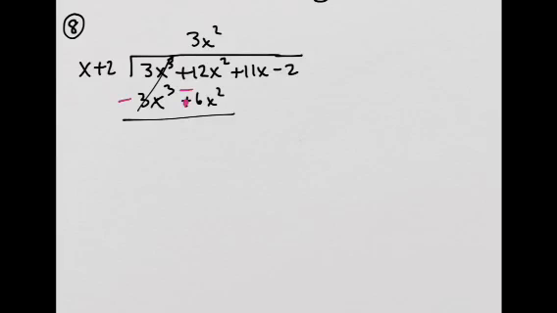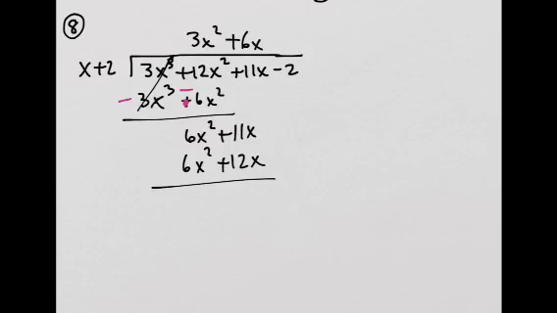And so the 3x cubes are gone, and you get 12 minus 6 is 6, 6x squared. Bring down the 11x. And then you ask yourself, x squared times what gives you 6x squared? That would be 6x. We multiply, so that gives us 6x squared plus 12x.